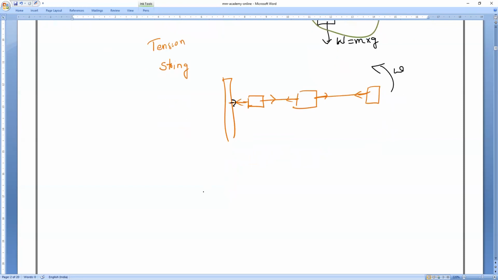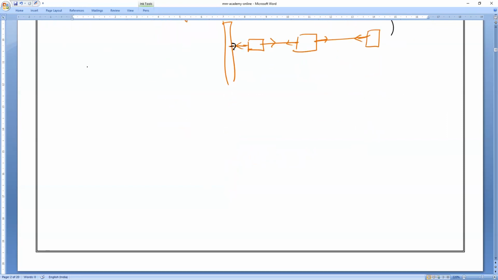So observe very carefully. Tension always acts away from the mass. And you remember, if the string is the same, then the T is also the same.